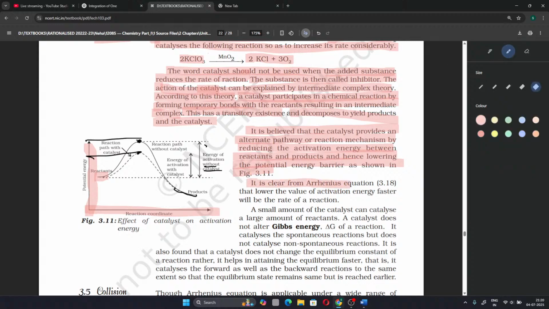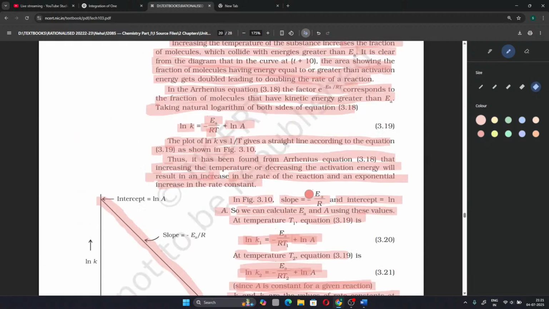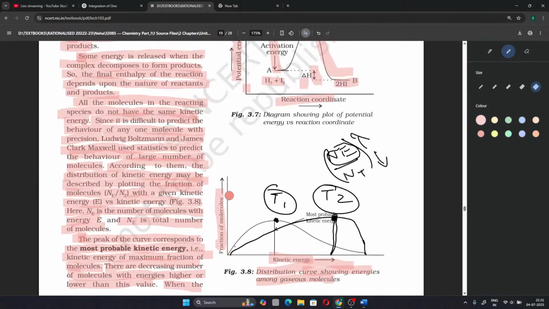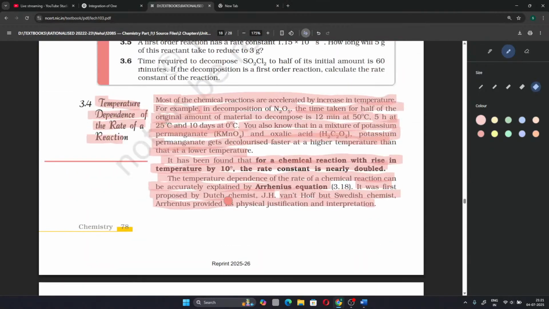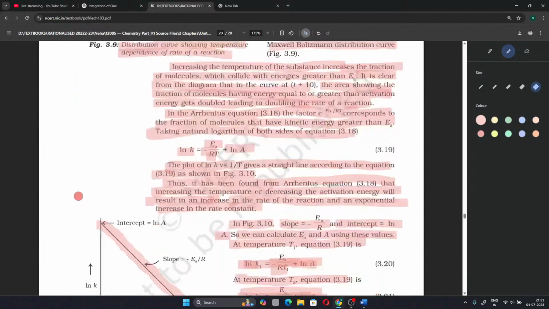It is clear from Arrhenius equation 3.18, basically k equals A e power minus Ea by RT.